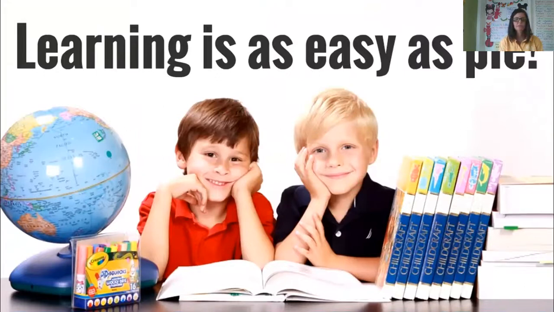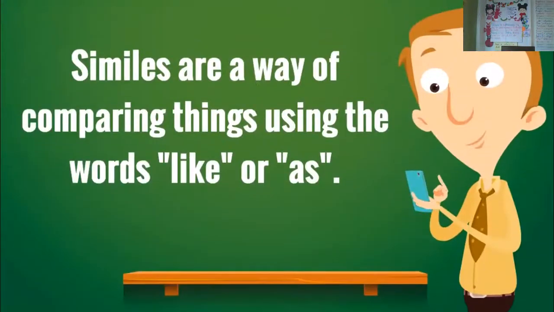This is a simile because it is a comparison using the word as. Remember, similes are comparisons that use the words like or as. Similes are a way of comparing things using the words like or as.